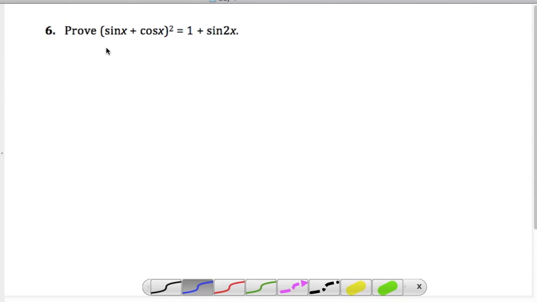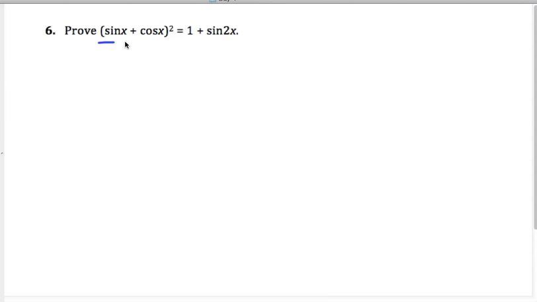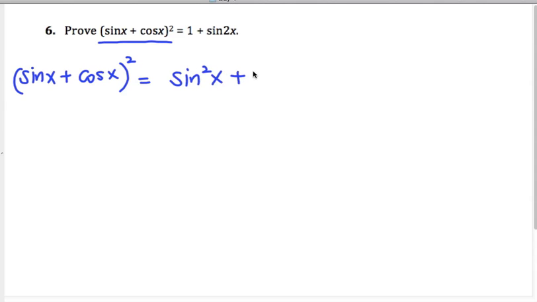Alright, prove that (sine x plus cosine x) squared is equal to 1 plus sine of 2x. Again, I'm just going to work with one side, and I choose to work with this side. So what is sine x plus cosine x squared equal to? That's sine squared x plus 2 times sine x cosine x plus cosine squared x.